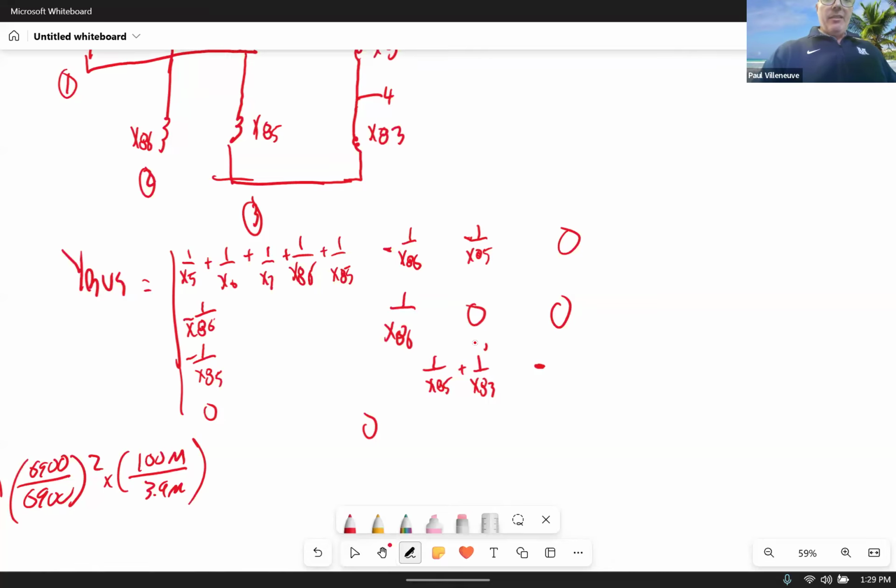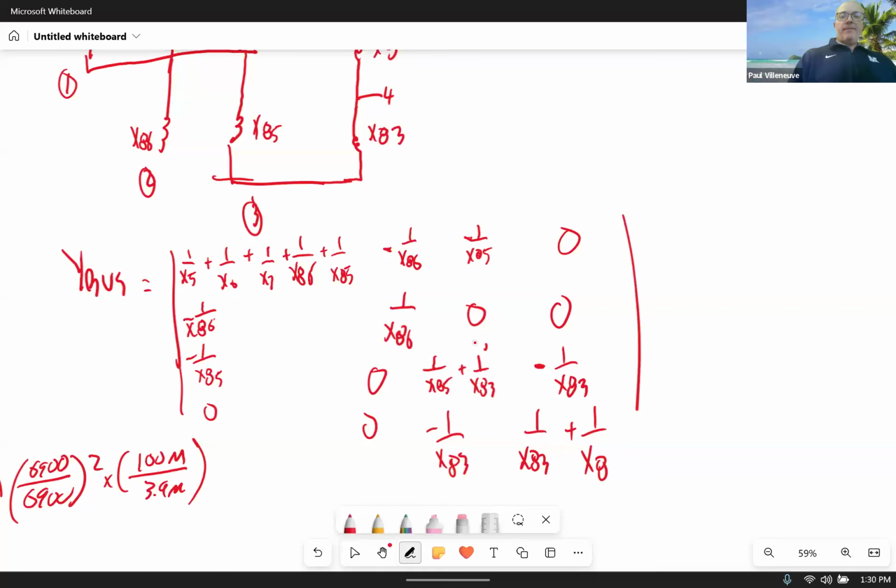So that is 0 and 0. So for 3, I have those two, and then I have minus 1 over x83, minus 1 over x83, and then over here to bus 4, I have 1 over x83 plus 1 over x8.